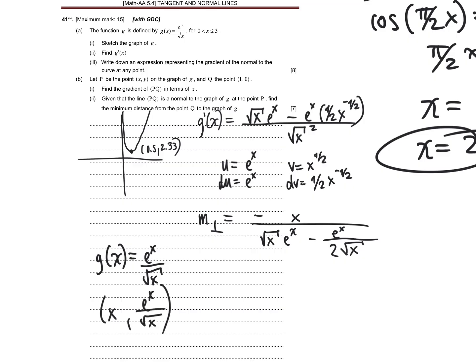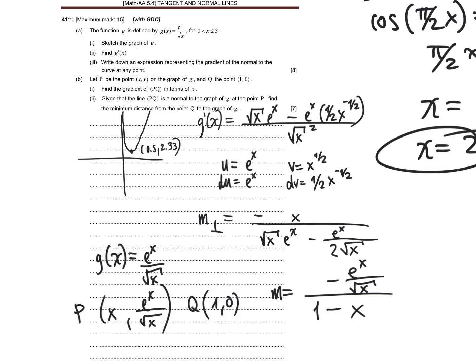They don't want xy, they want it in terms of x. So this is P, and Q is 1, 0. So the gradient between P and Q is y2 minus y1 over x2 minus x1, okay? So I'll just erase that, and that should be the answer.